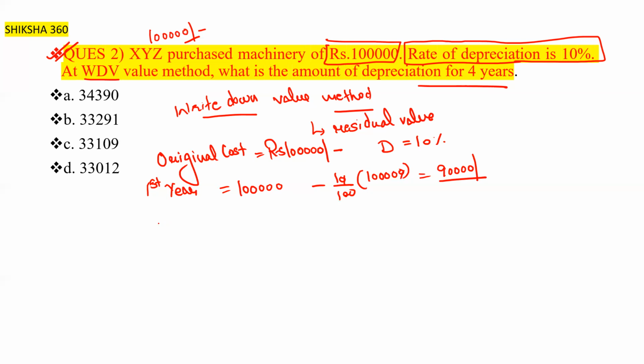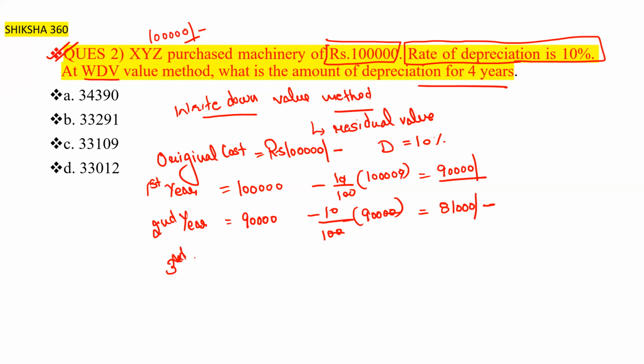Second year, what will be the value? 90,000 minus 10% of 90,000. So 90,000 minus 9,000 comes out to 81,000.